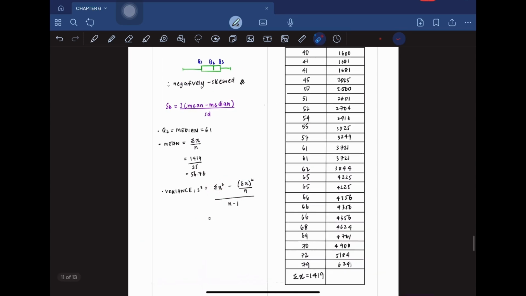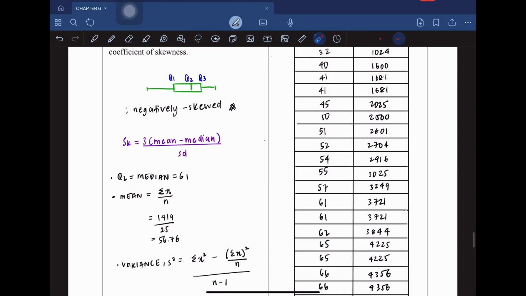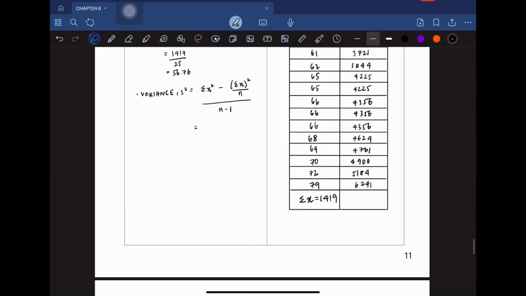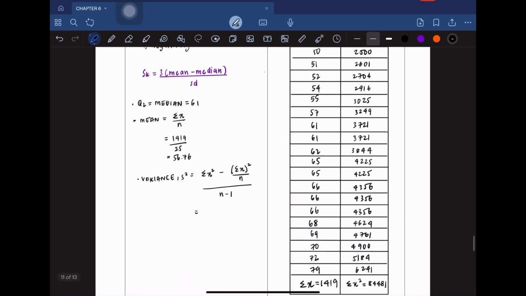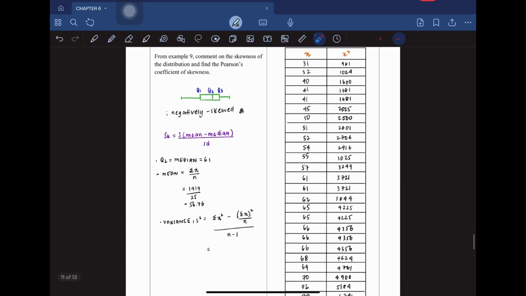So how do we find this? I have done it for you on the right hand side. We need to find the x square first, so you square each of the data to get the values in the box. Then sum all of the x square, and you're going to get the summation of x square, which is 84481.